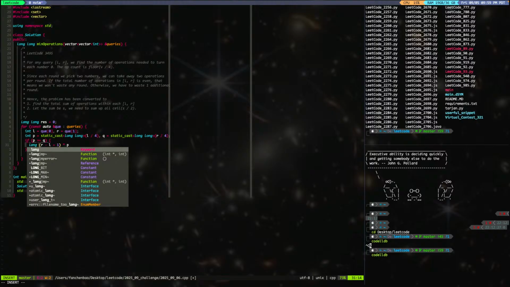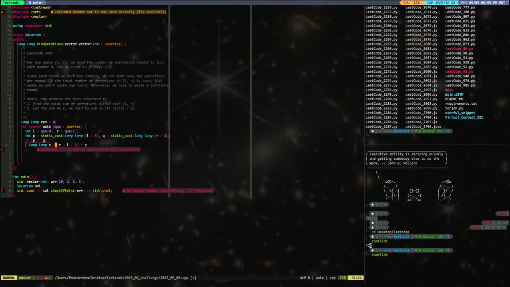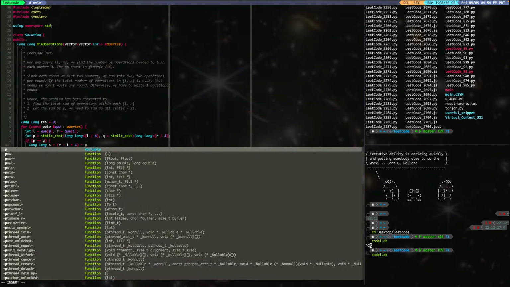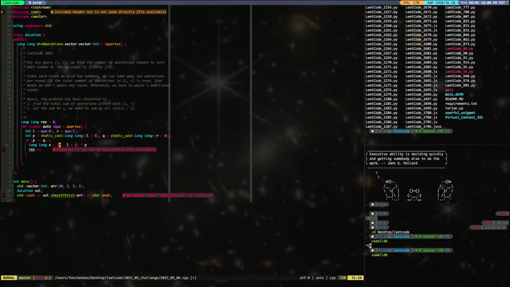So we can say long s, that's the total. And then we need to say result plus equal to, is there a way? Yes, we can do plus 1. Because if it's even, let's say 4 divided by 2 is 2 and 5 divided by 2 is 3. But it doesn't work. But if we plus 1, then we can get it.